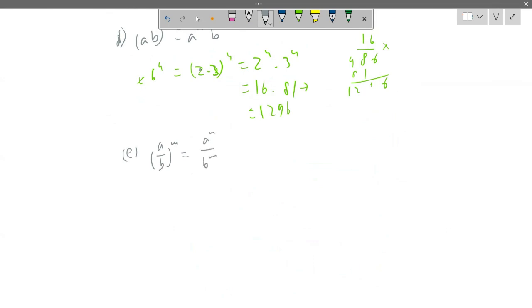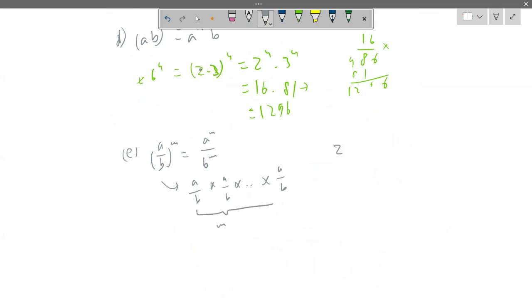So this can really be obtained from just multiplying A over B by itself m times, because there's no limit to the base. The base can be anything, but at the beginning we only consider exponents which are positive integers.